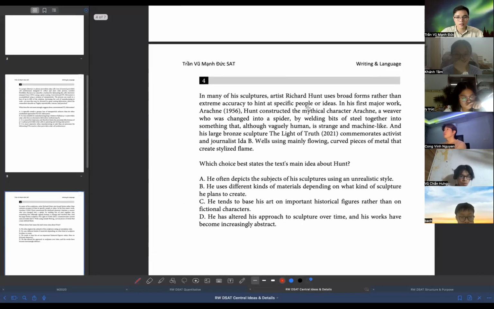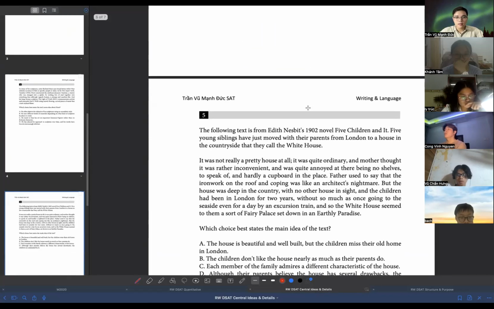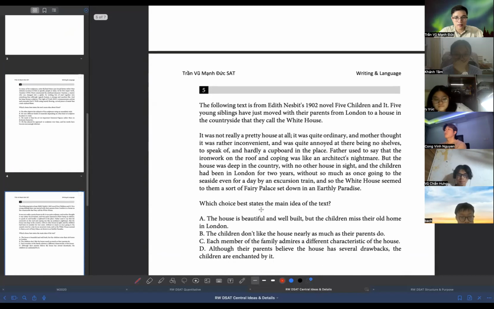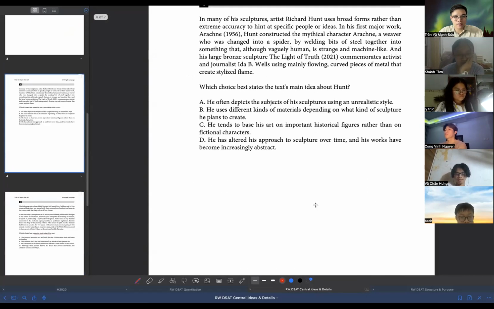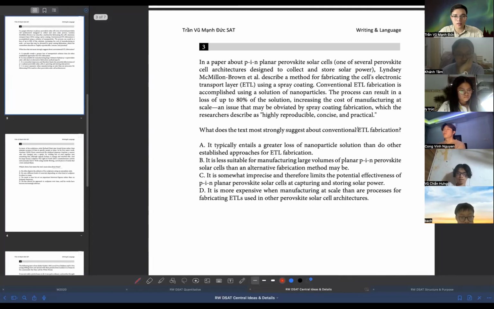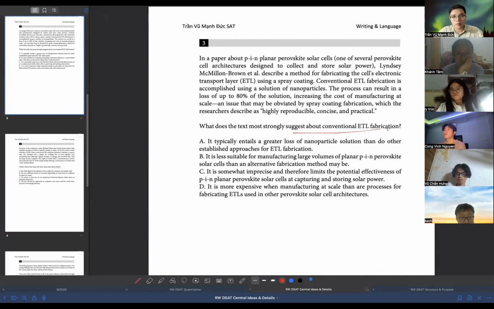So the latter part is about, most likely, two types of question. Firstly is central ideas, which is the main idea of the text, and secondly is the details, a specific detail, focusing on a specific part. What are they talking about? The ETL fabrication.